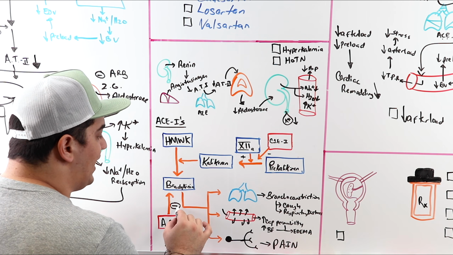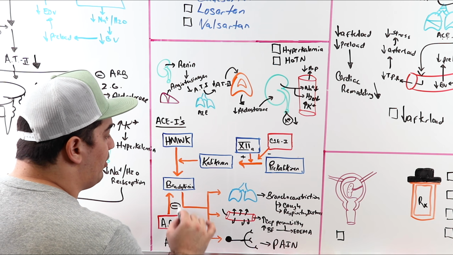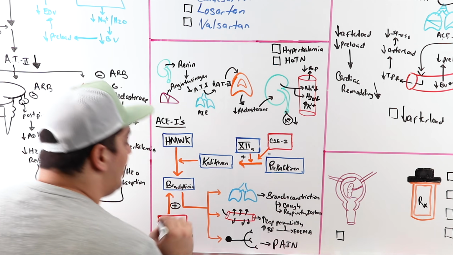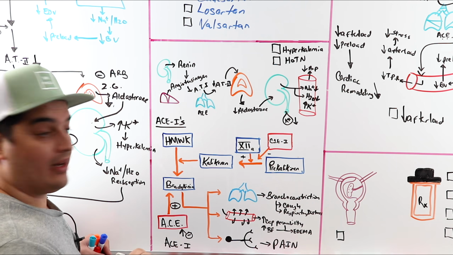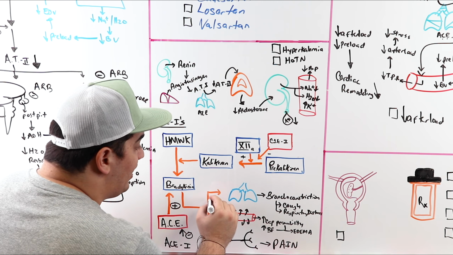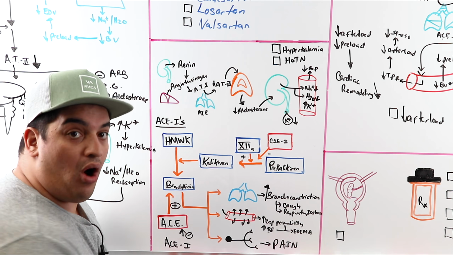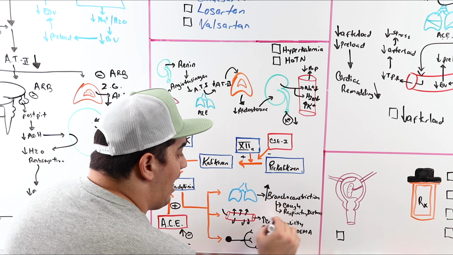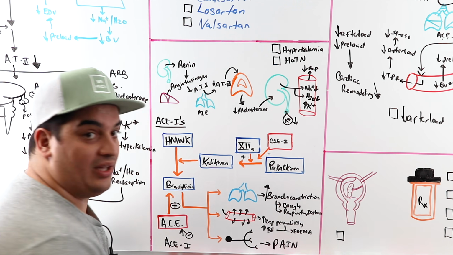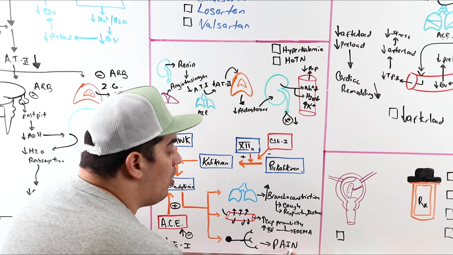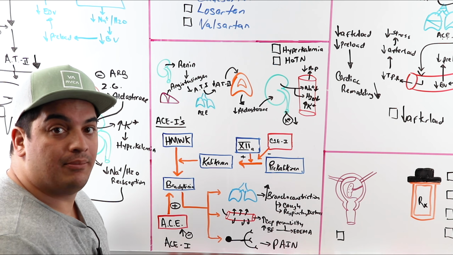If I inhibit ACE enzyme, I'm no longer going to be able to inhibit bradykinin production. So now bradykinin production will be stimulated. If I lead to high bradykinin production, that's going to increase bronchoconstriction leading to cough. It's going to increase capillary permeability and vasodilation leading to angioedema potentially. And also it can increase pain.